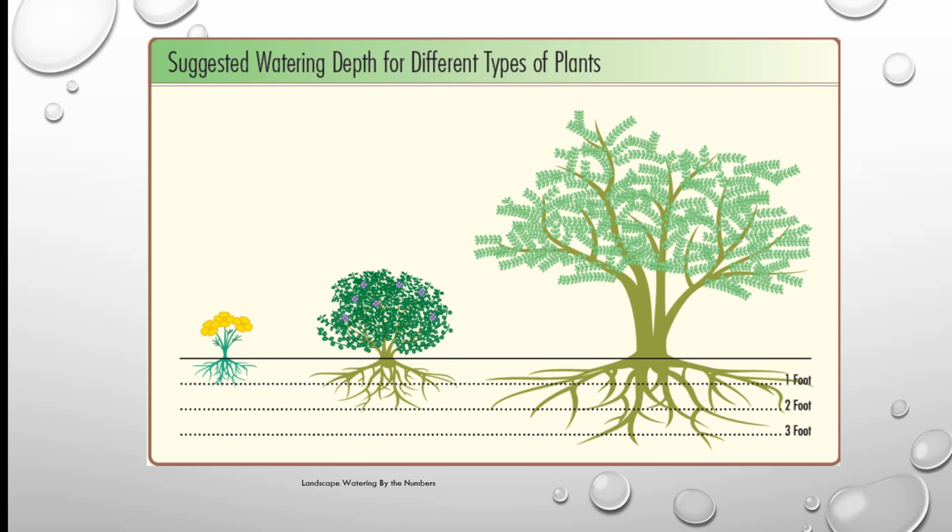And this is just suggested watering depths for different types of plants. So trees would be up to 3 feet. Shrubs are going to be about 2 feet, and then herbaceous material will be about 1 foot.